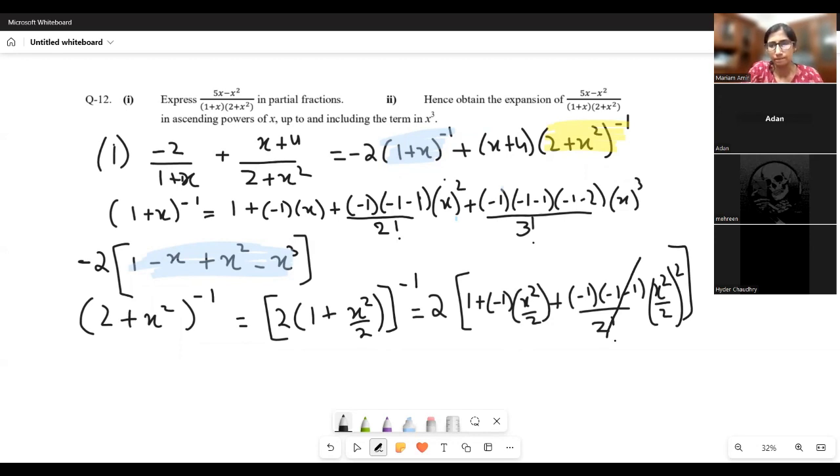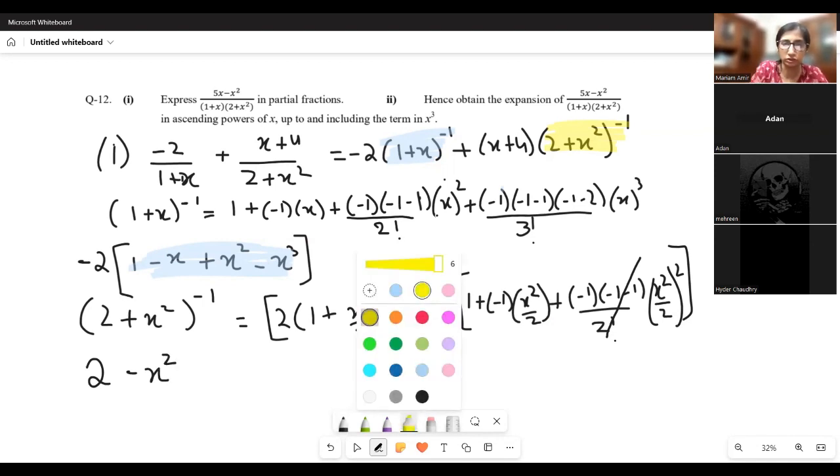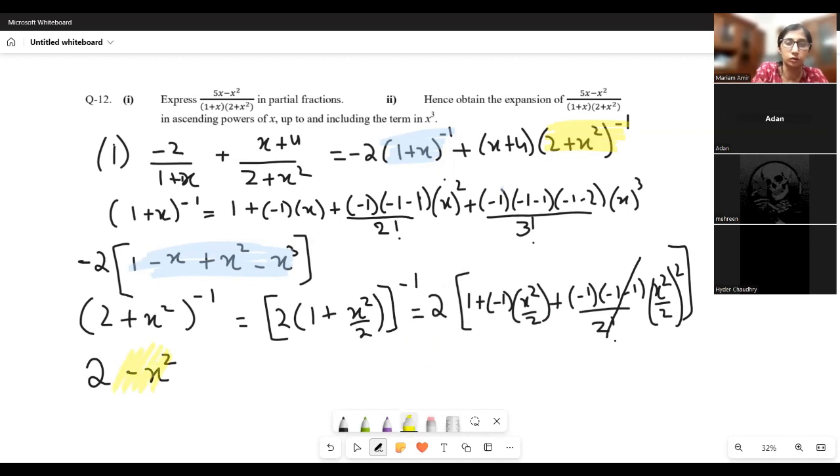So we have 1 times 2, which is 2, and then 2 and 2 in the denominator gets cancelled, so I have minus x squared. So that's the only expansion till x cubed for the yellow part. So now I'm going to write that collectively.